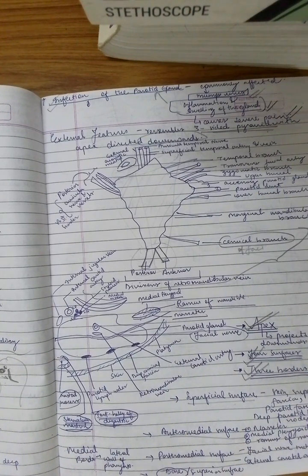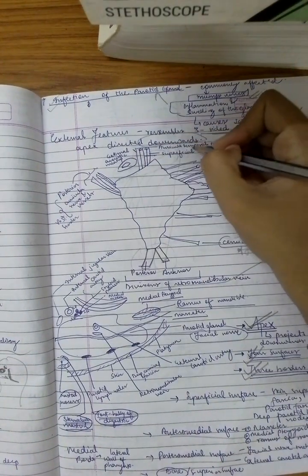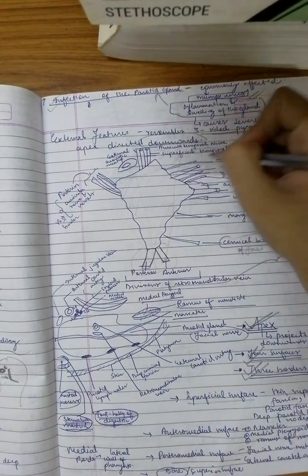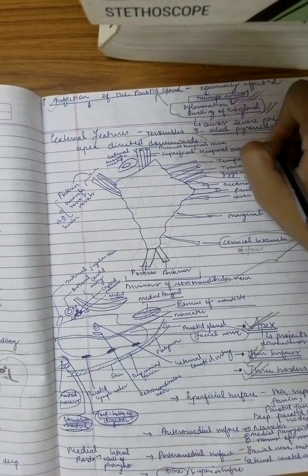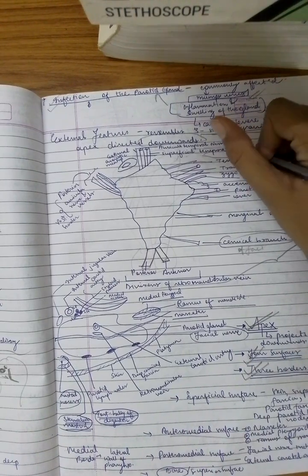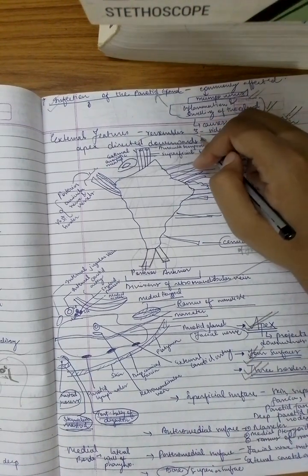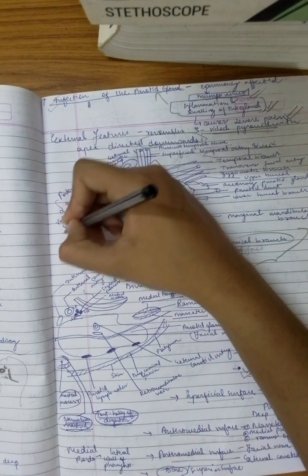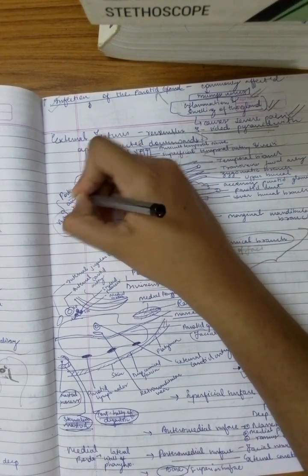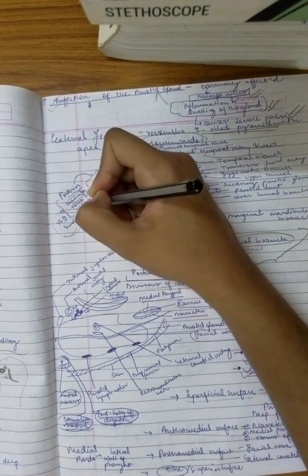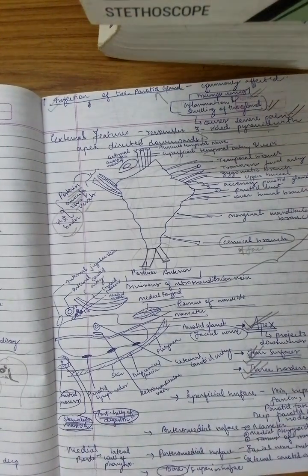Now from the base: the auriculotemporal nerve, and the superficial temporal vein and artery. Now from the posterior border, see, this is the posterior border: the posterior auricular nerves and vessels. In my next video, I will be doing the difficult ones.